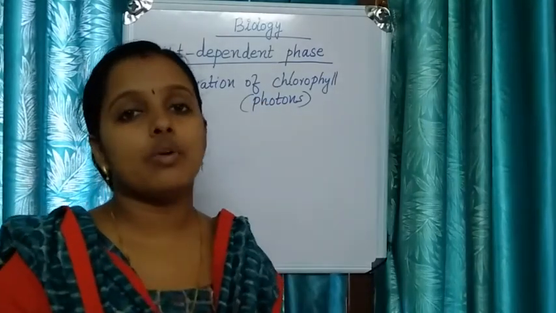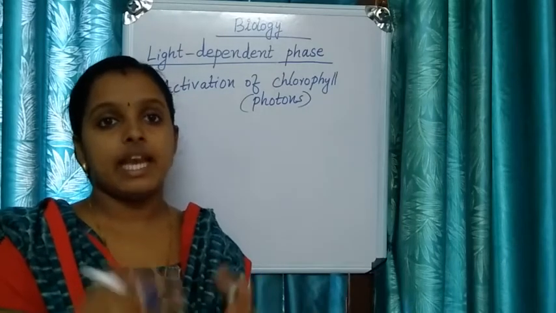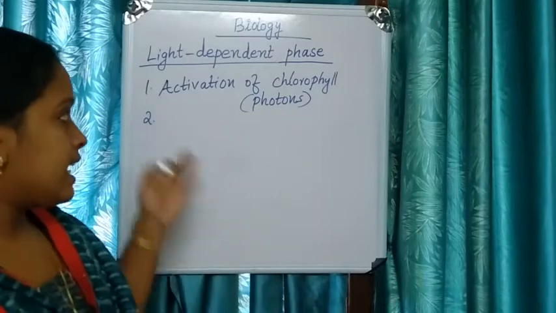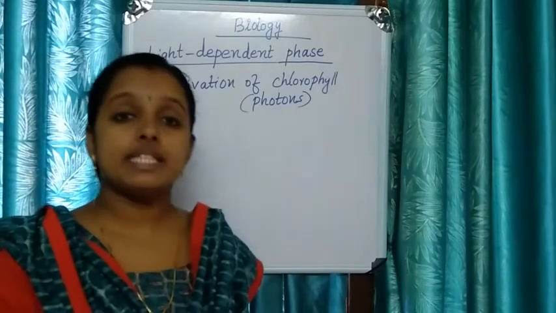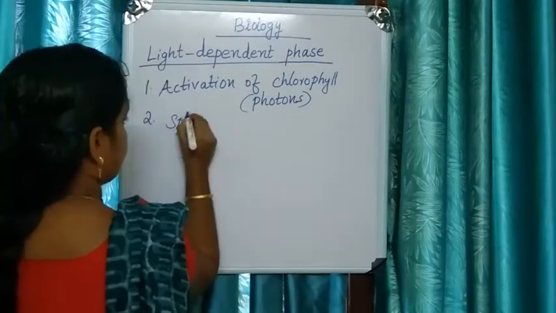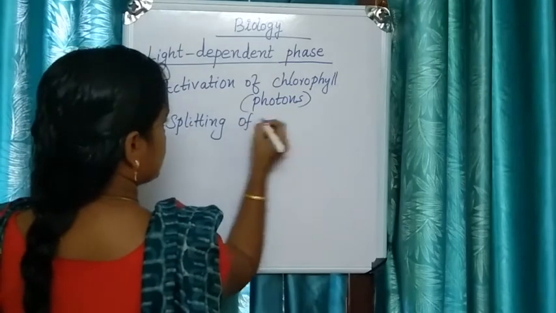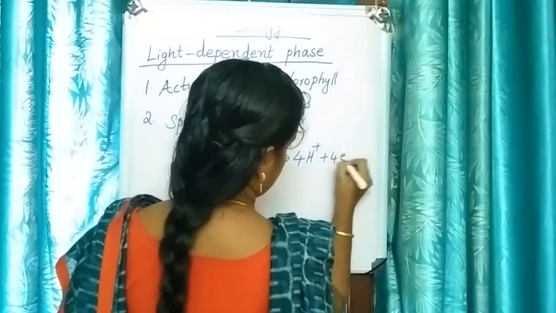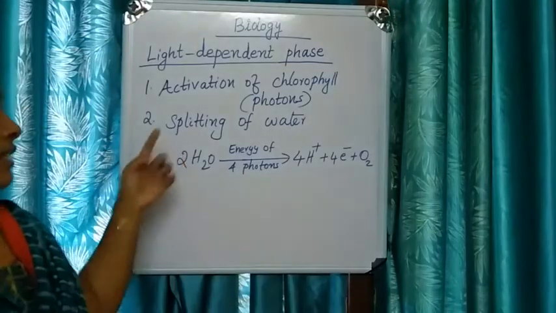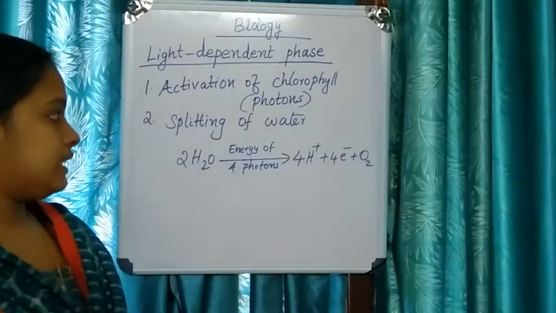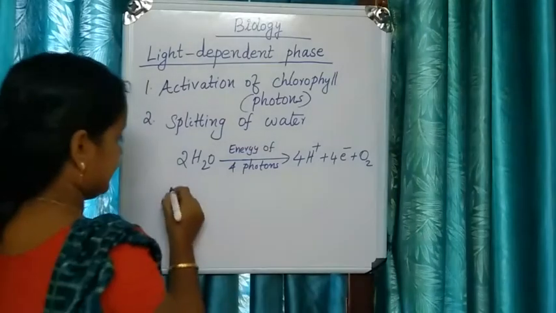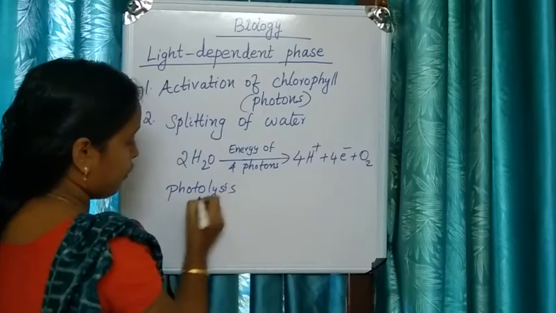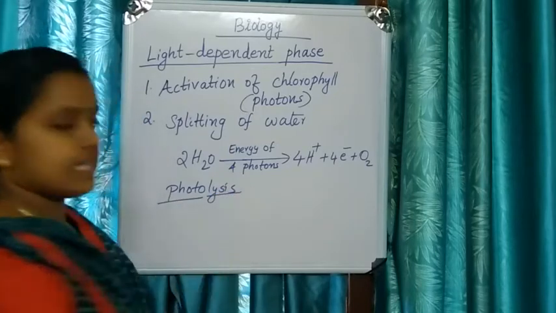First step is chlorophyll becomes activated in the presence of sunlight. Then the second step is splitting of the water molecule. So the second step means photolysis of water. Photo means light, lysis means splitting.